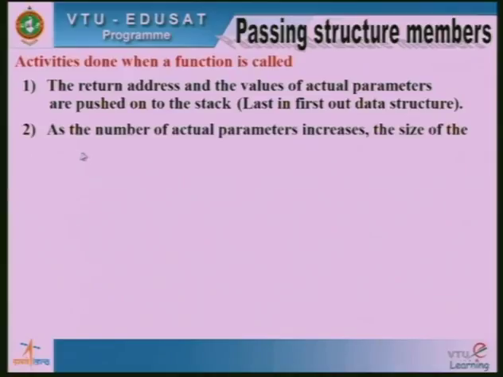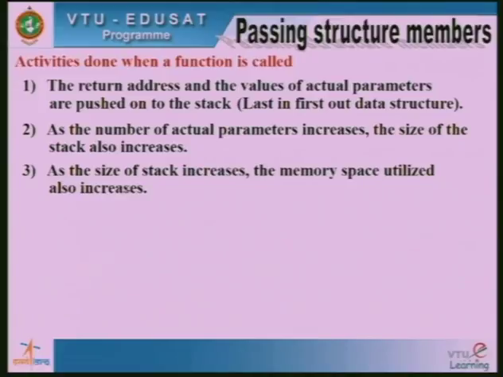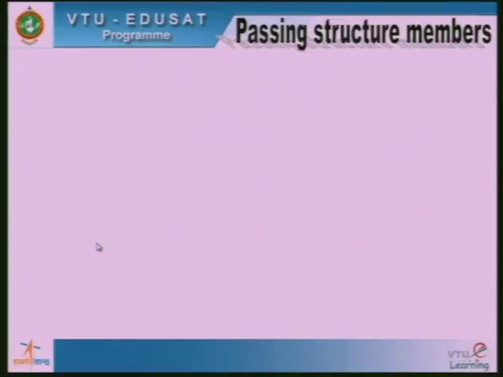And point number 2 is, as the number of actual parameters increases, the size of the stack also increases. So if you observe here, the values of the actual parameters are pushed onto the stack. So as the number of parameters increases, the size of the stack also increases. Third point is, as the size of the stack increases, the memory space utility also increases.